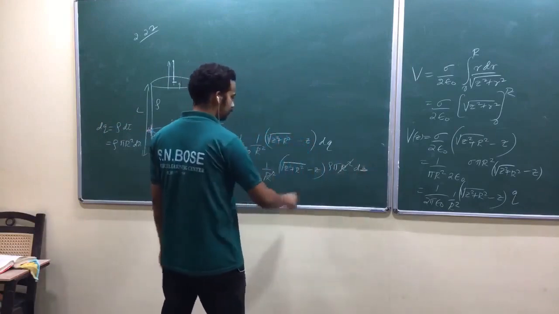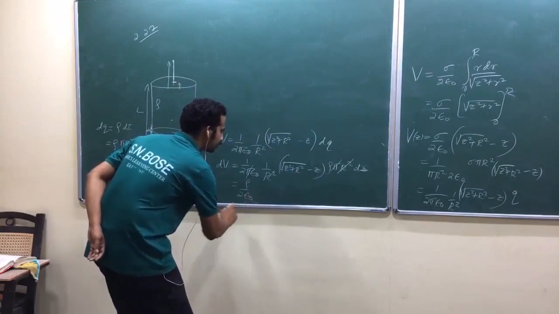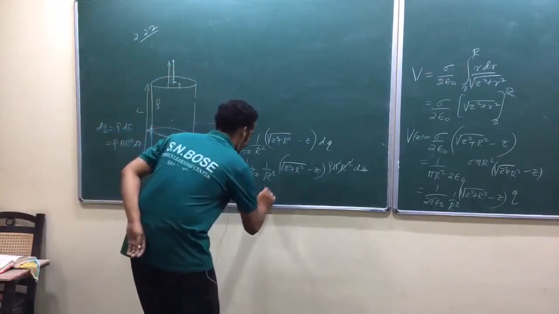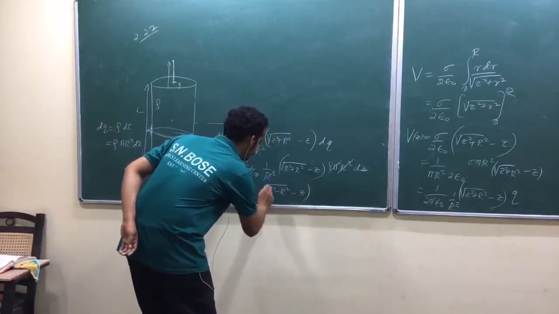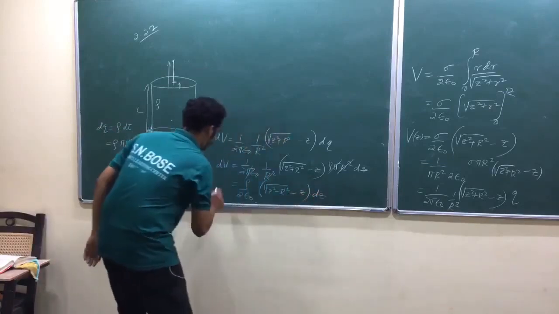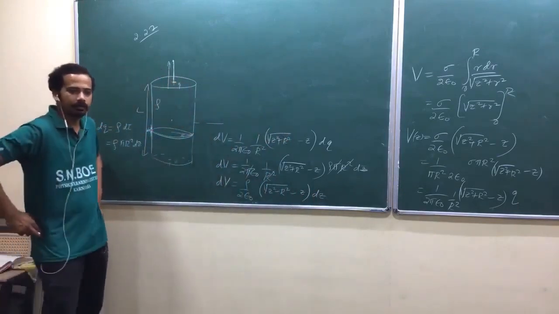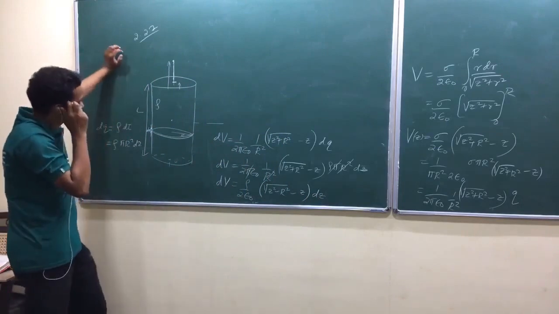I think this got cancelled. Rho by 2 epsilon naught, root of z square plus r square minus z. And you have to integrate with respect to z from where to where. Somewhere I am feeling something odd.